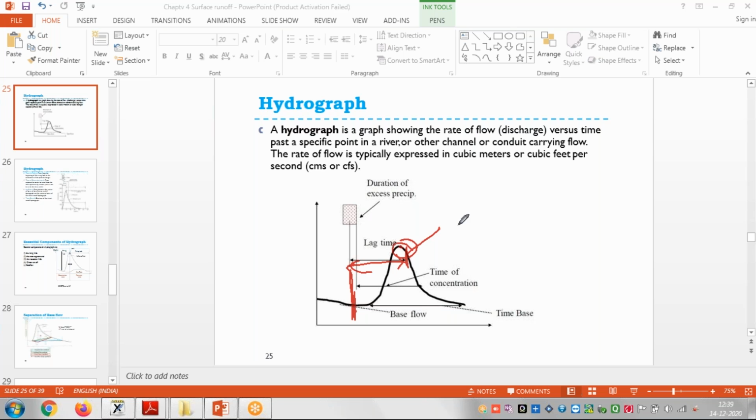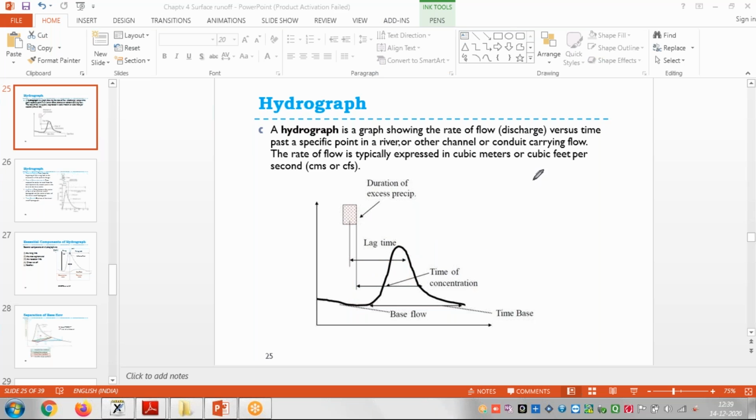This portion is where the graph is going down. So from this point to this point, where the runoff or discharge has started, is called the lag time. Now another time is what?